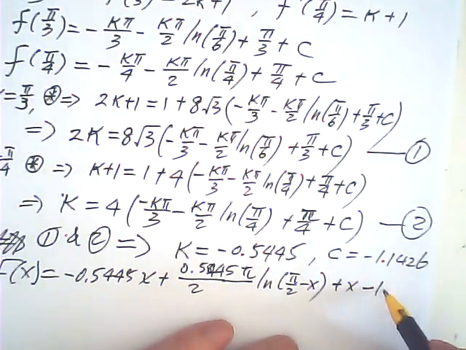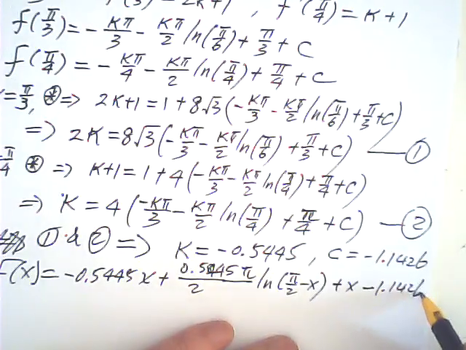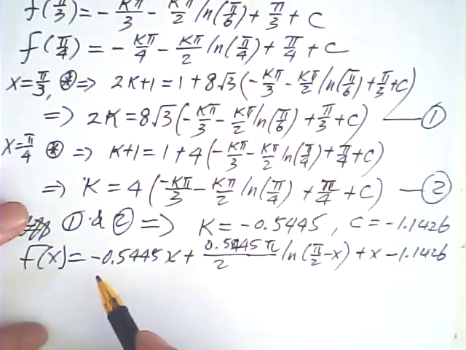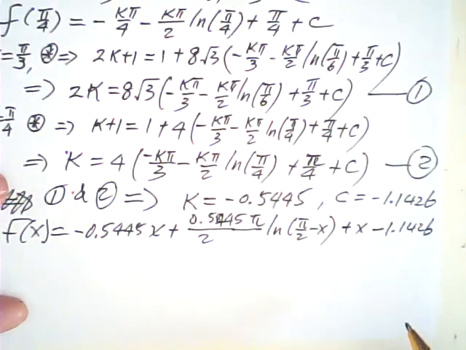C is negative 1.1426. So this is my f of x.